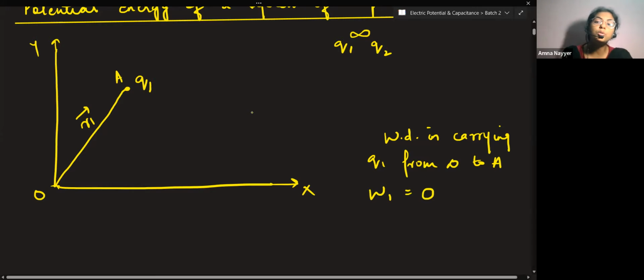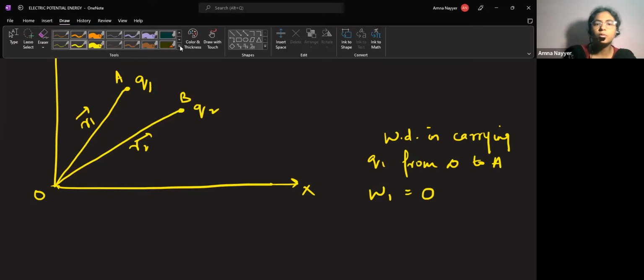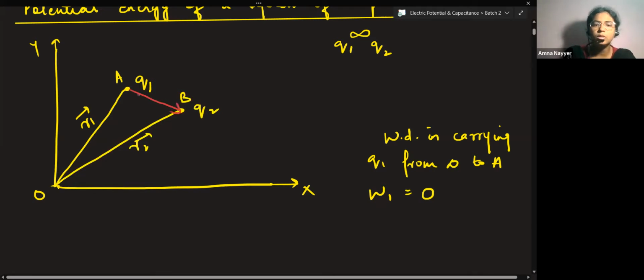But what about Q2? If I bring up Q2, let's say this is some point B, this is Q2. Let's say the coordinate of Q2 is R2. So relative separation means the separation between Q1 and Q2. This will be R12.